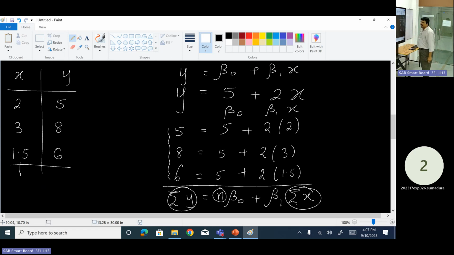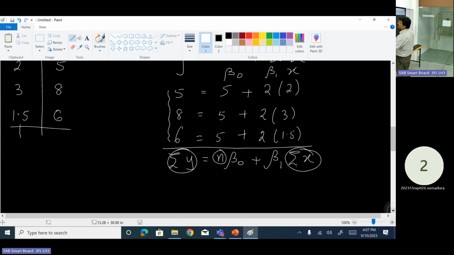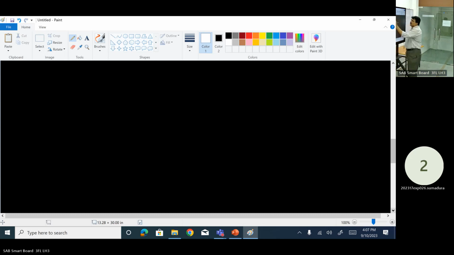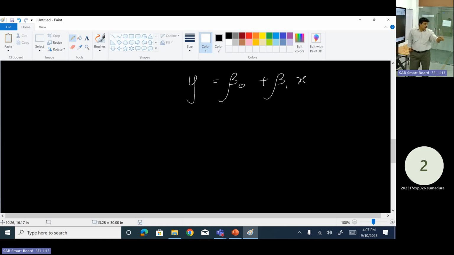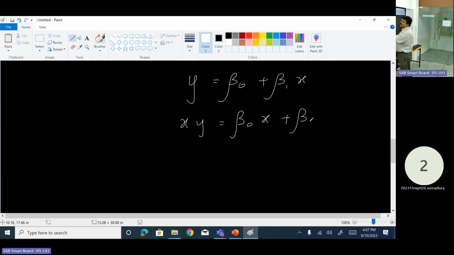So we need another equation, right? To get the second equation, the model we have is Y equals beta naught plus beta 1 X. Multiply the entire equation by X, because X's are known. What we get? XY equals beta naught X plus beta 1 X square. Now sum it up.